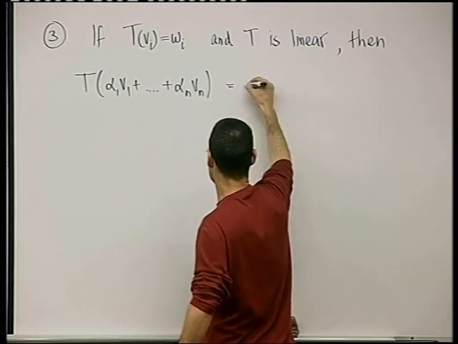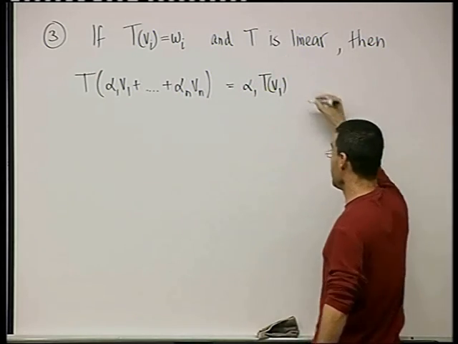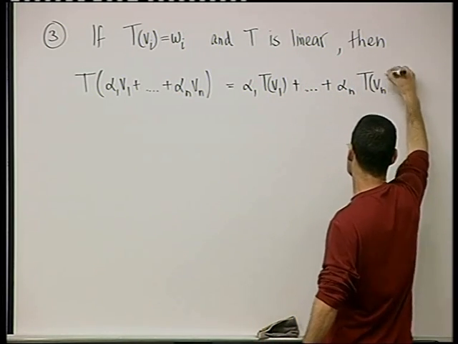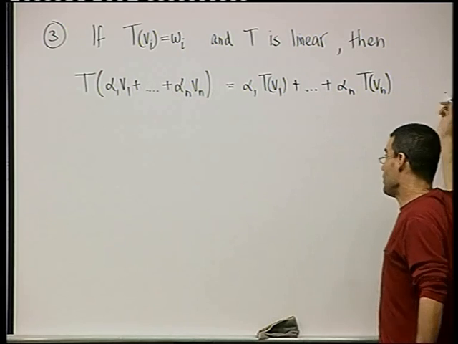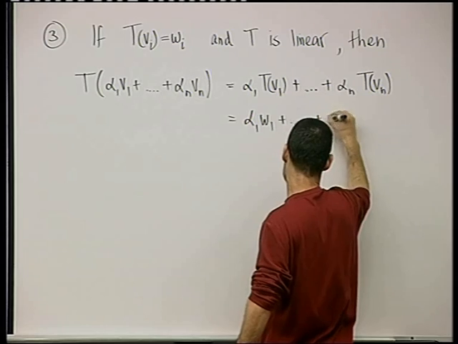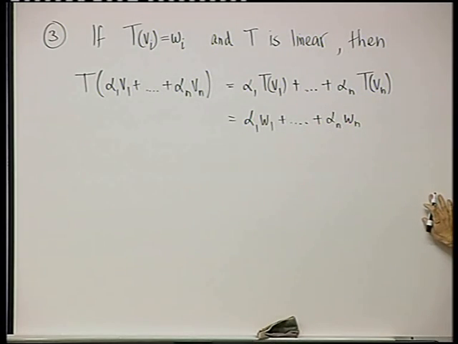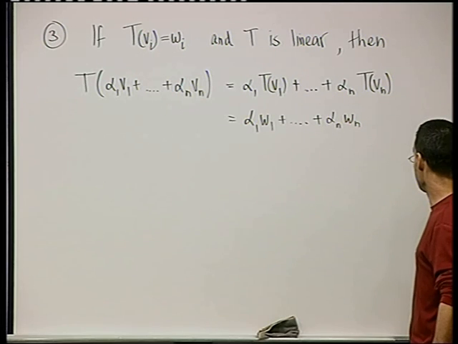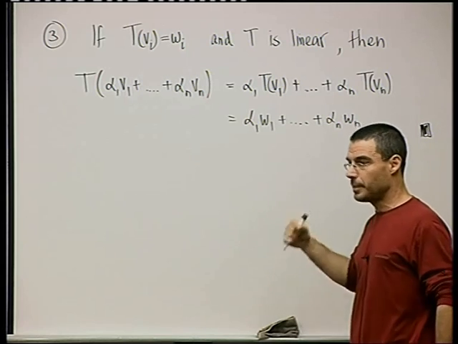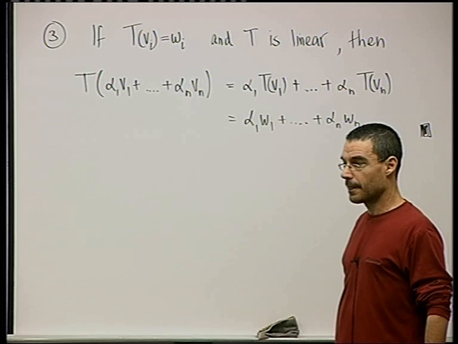We already know. It's alpha 1 T of V1, now we're using the fact that T is linear, plus alpha n T of Vn, right? And therefore, it's precisely alpha 1 W1 plus alpha n Wn. Good? So a linear map is determined by what it does to basis elements. Good?